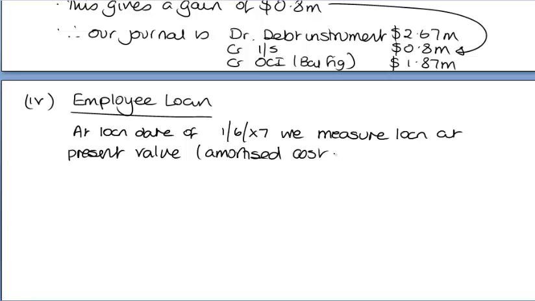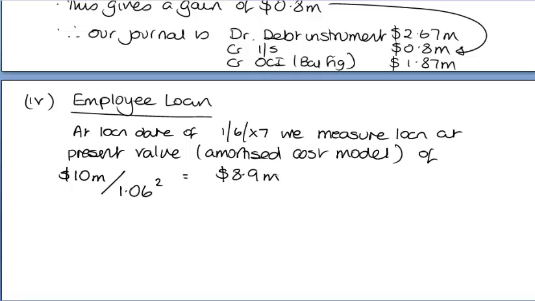How much are we talking about? It's $10 million. We're going to discount that at 6% for 2 years. So that works out as $8.9 million.